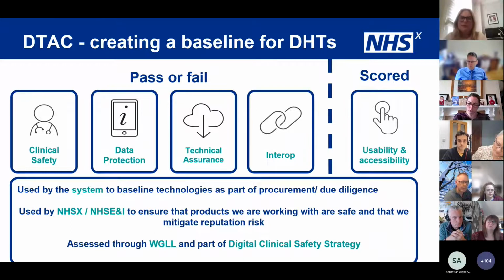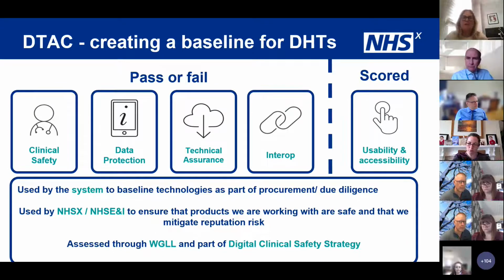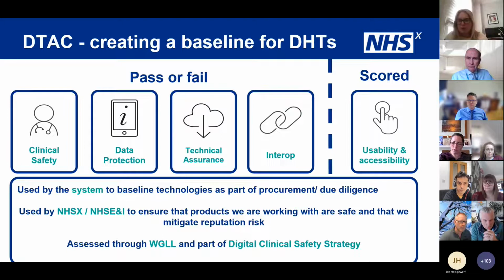And then we developed, based on the NHS service standard, a scored section around usability and accessibility. And that really looks at, have apps and digital health technologies put user need first? Have they done that service mapping work? Have they worked in multidisciplinary teams?